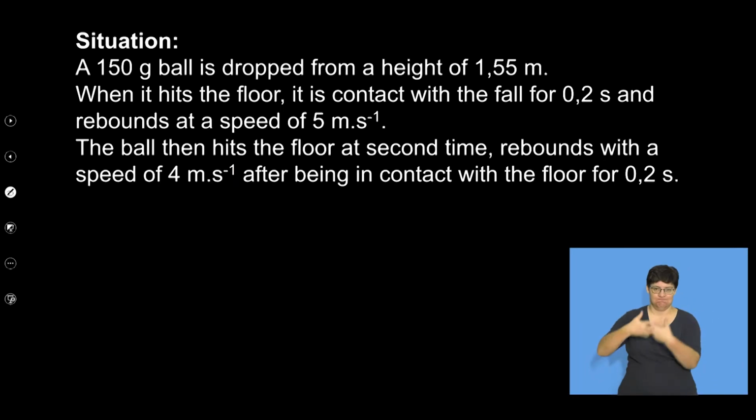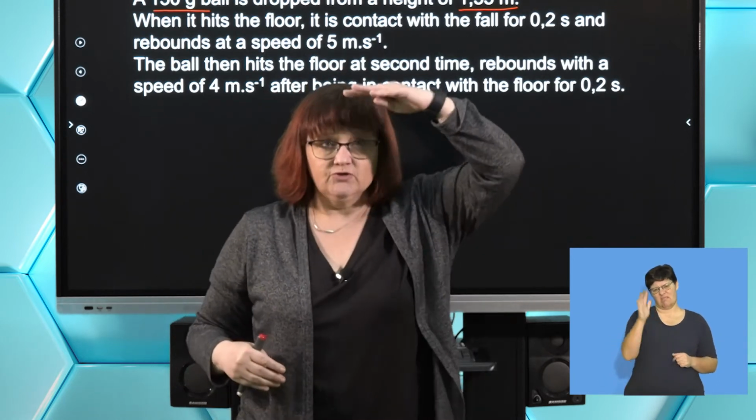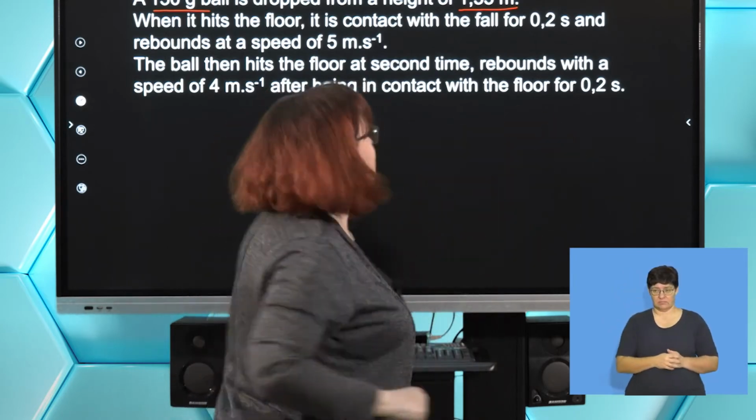So here we go. I have a 150-gram ball, so it's not very big, dropped from a height of 1.55 meters. Now, I know you can't see from where you are sitting, but that's how tall I am, so I know it's dropped from about this height, just as a reference.